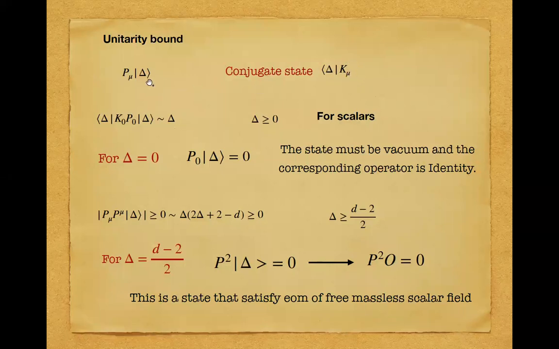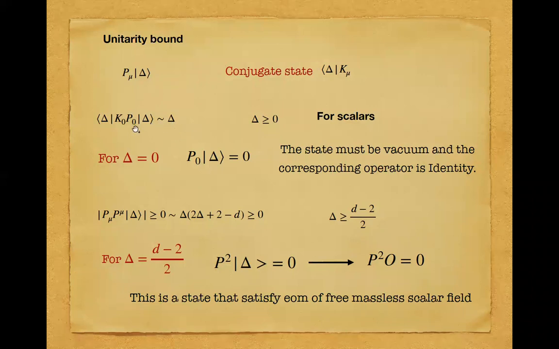Suppose you take the 0th component and compute delta k0 p0. The commutator of k and p gives you just d, so this is proportional to delta, and these delta states are normalized, so that factor is not there. So this gives you delta.